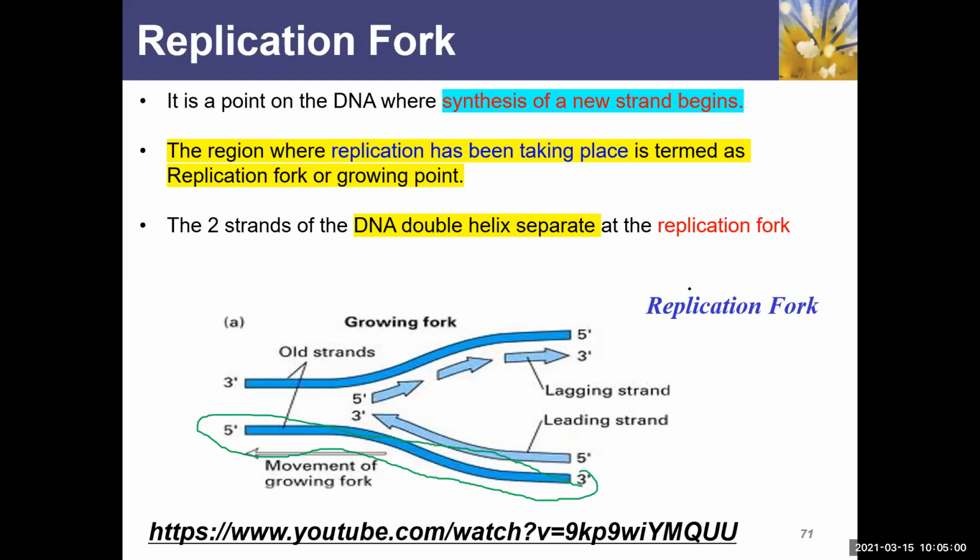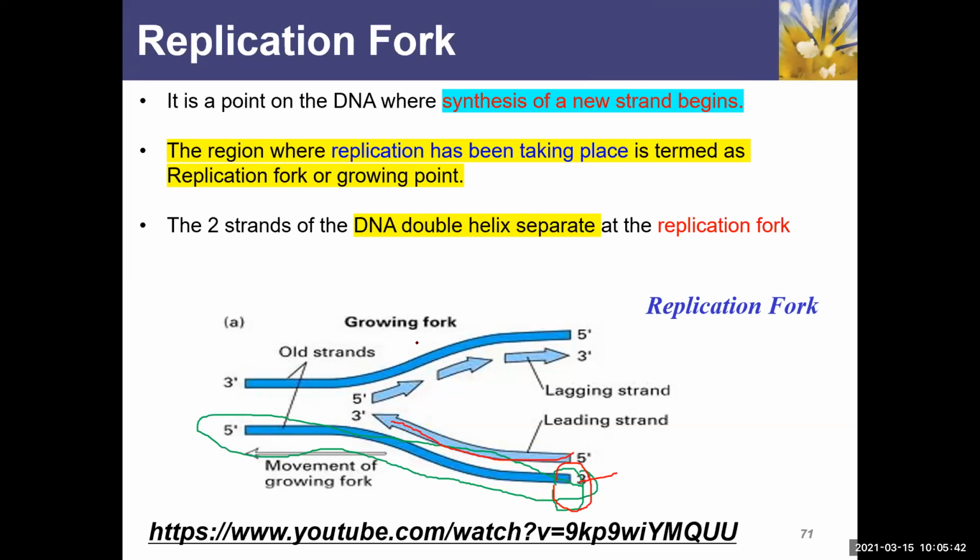DNA polymerase is the enzyme which will form the new DNA strand. But before it can form the DNA strand, it has to be attached somewhere, right? So DNA polymerase enzyme can be attached only in the 3' to 5' direction, because it can read only 3' to 5'. But when it comes to forming the new strand, that will always take place from 5' to 3'.